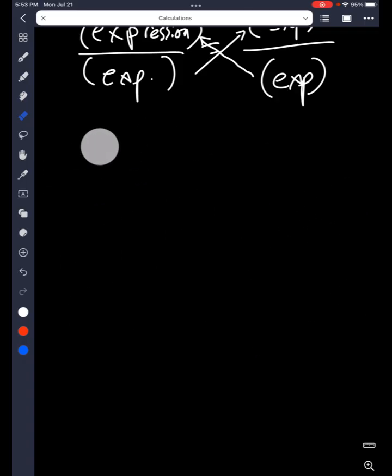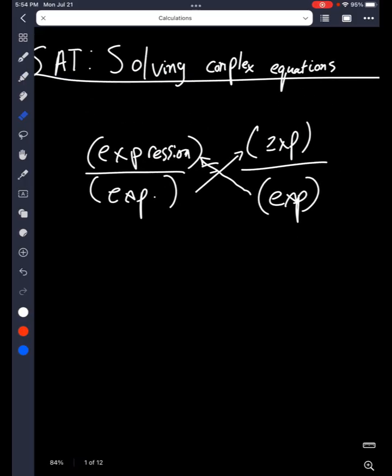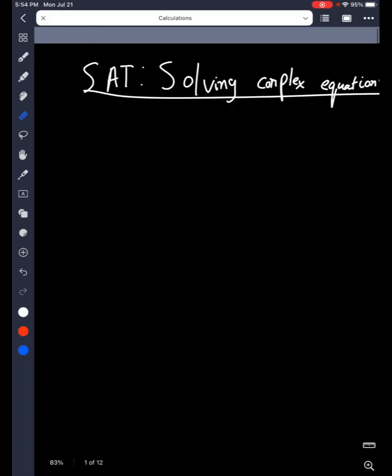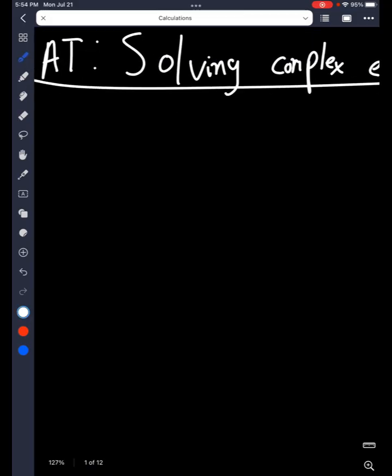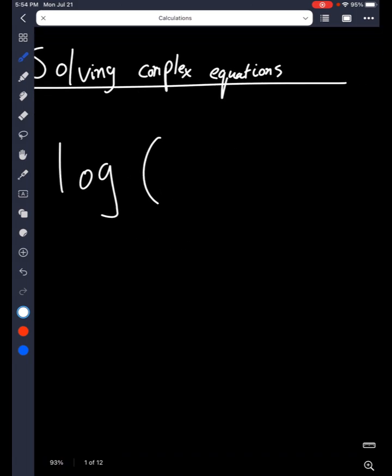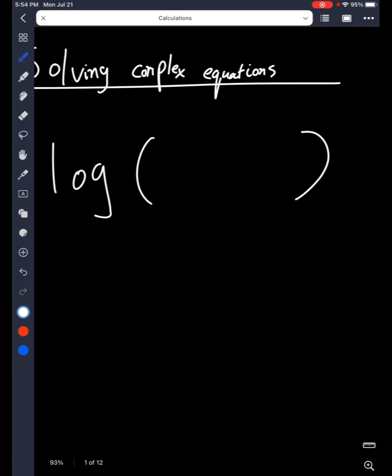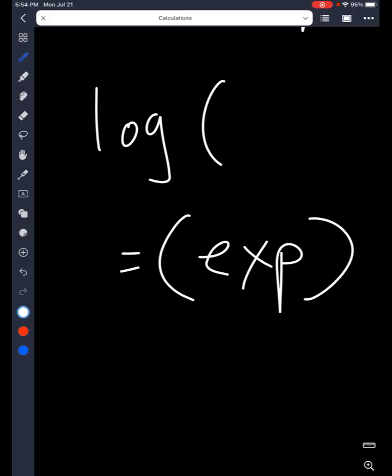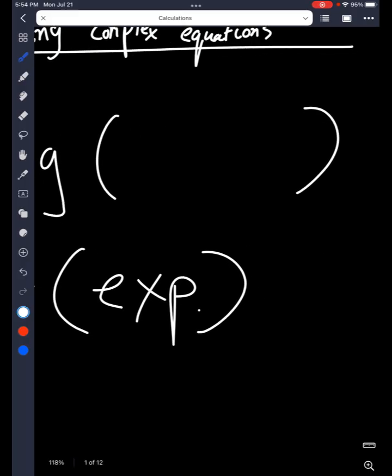Now, what else can you do? If you have a quadratic, you can just use the quadratic formula, or you can factor it. Now, if you get something like log of some expression equals something, notice I'm abbreviating expression as EXP.